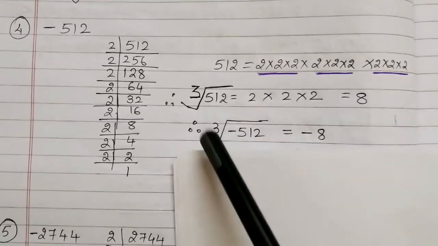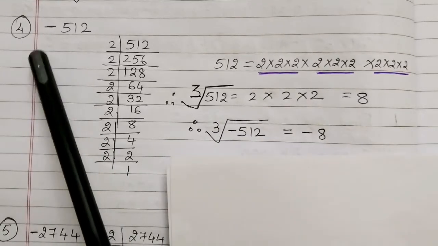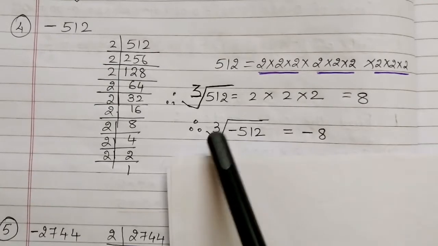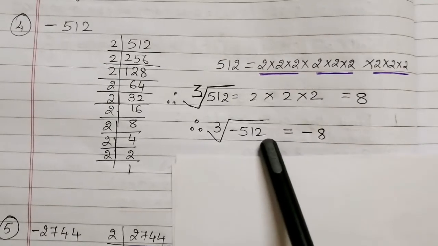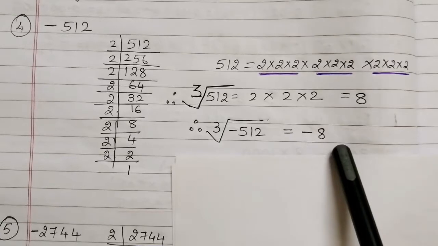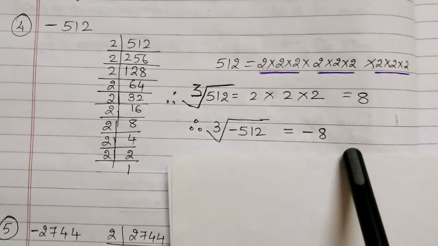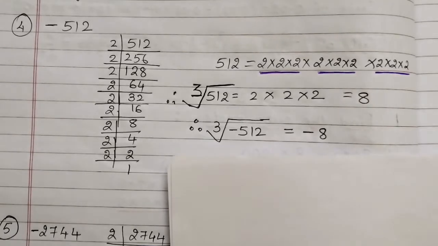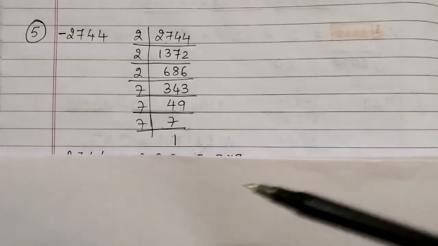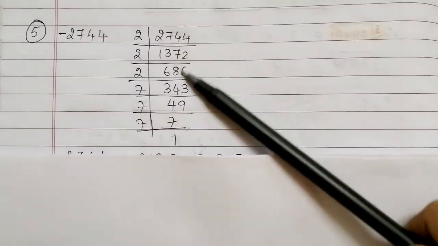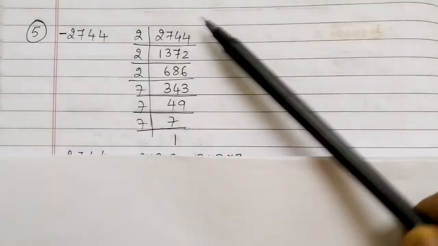But here the question is about negative 512. So the answer is: cube root of negative 512 is negative 8. Since 512 is negative, its cube root will also be negative. Now here again a negative number. First we'll find out prime factors forgetting the negative sign.